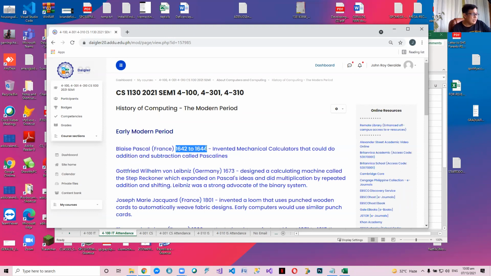What do we consider the modern period? Those that had so many developments in technology, not just in electronics, but engineering, politics, science, medicine. So the modern period happened during the 1600s.